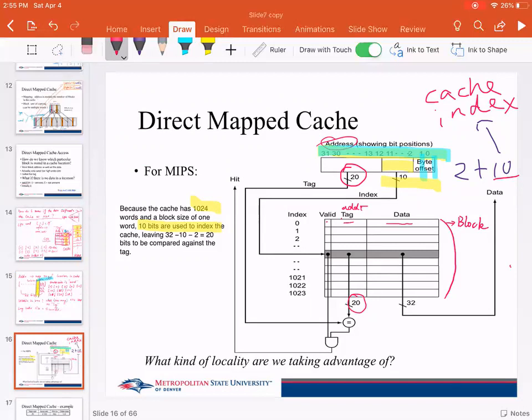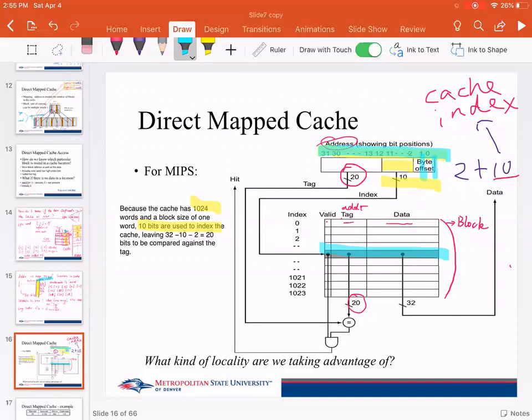And suppose I have the cache designed like this, how can I use it? If I would like to read a piece of data from a particular location, the first thing I will do is check the valid bit, whether it's a 0 or a 1.